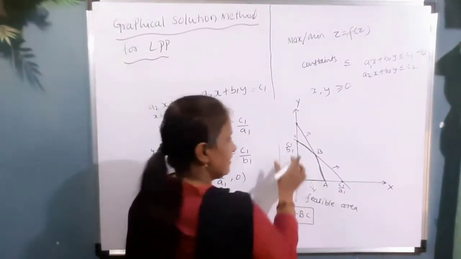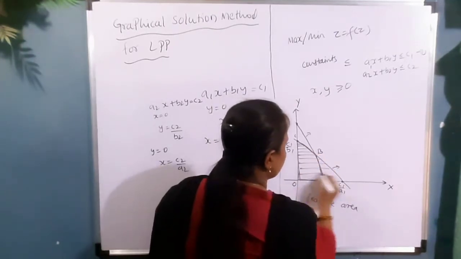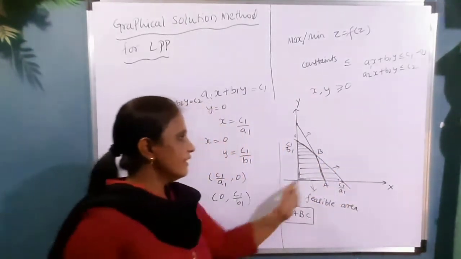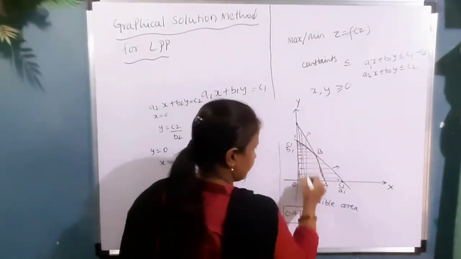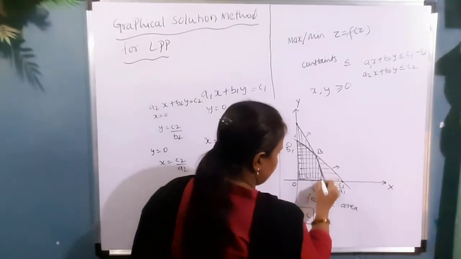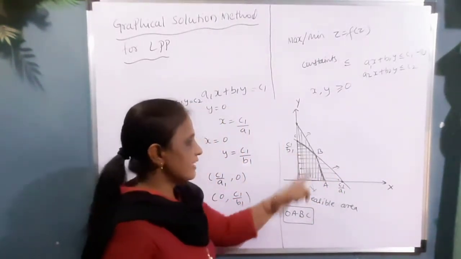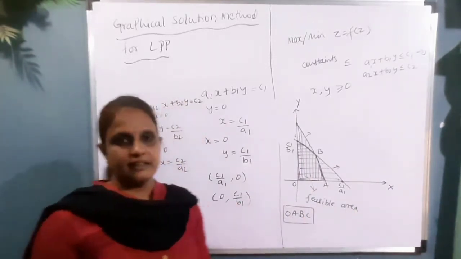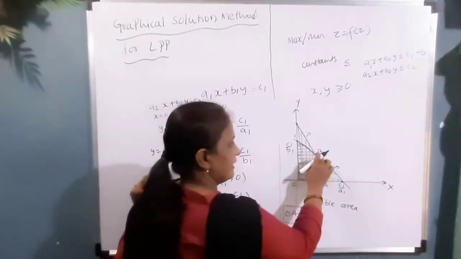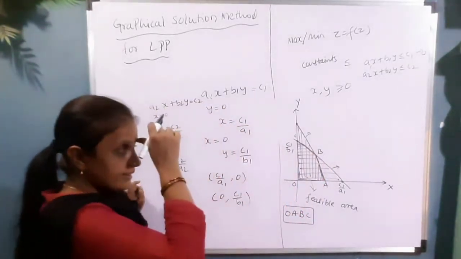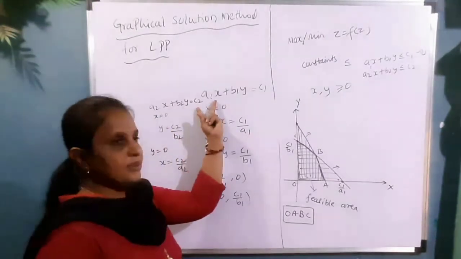Now when we draw one line, we denote that by drawing the line, and for another line we take such type of vertical lines. The area in which both are present is called the feasible area. Now we find the point B, the point of intersection, by solving these two equations.